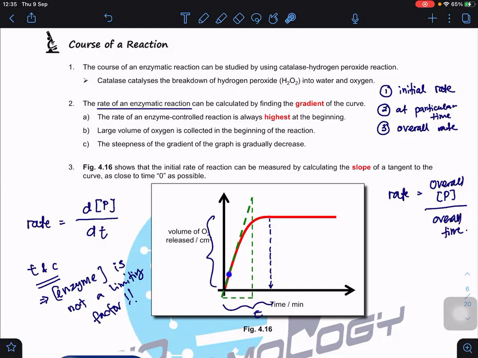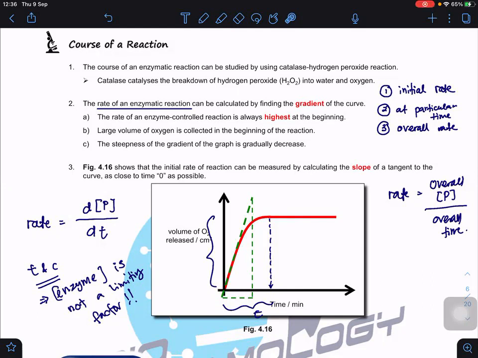Therefore, the rate of reaction is always highest at the beginning, but gradually you can see that the steepness of the tangent here, the steepness of the gradient, will continue to decrease until 0. Horizontal line, 0.